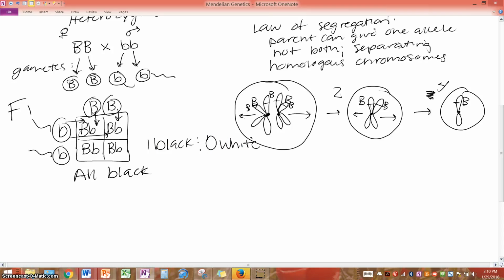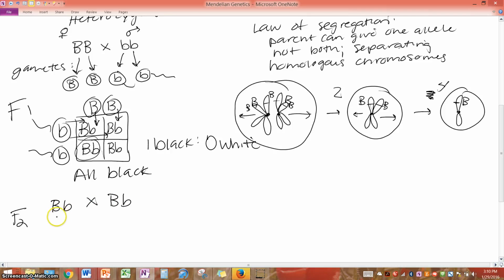If I wanted to go through and do the next generation, my F2, the F2 you're able to get through crossing 2 of the F1s. So say I have 4 offspring, maybe 2 males, 2 females. Okay, they're all going to be big B, little b. If I cross 2 of those together, I can figure out what the offspring are going to be for my F2 generation.